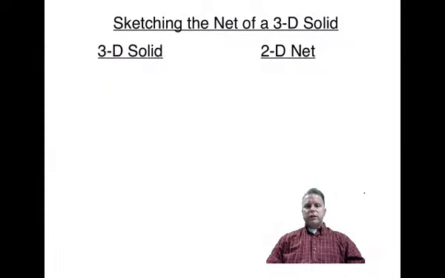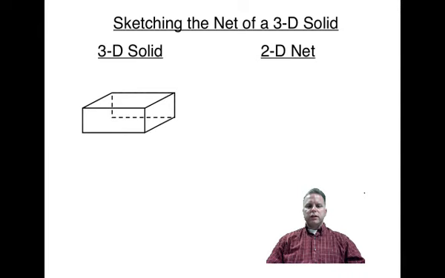The other thing we do is sometimes we'll take a figure and basically unwrap it, or take it apart and lay it flat. So here's a picture of a solid, hopefully that looks something like 3D that you would see in the movie theater. We're going to take and unwrap it.